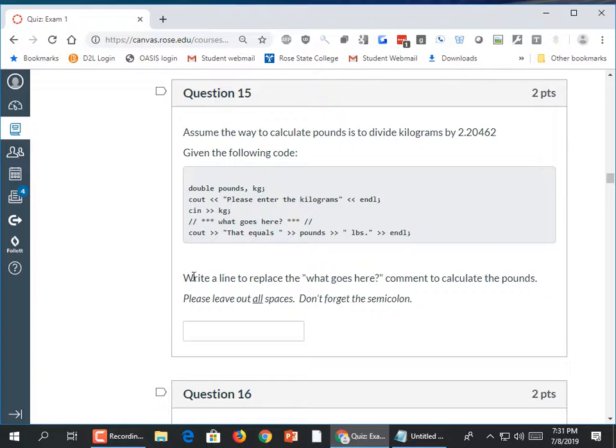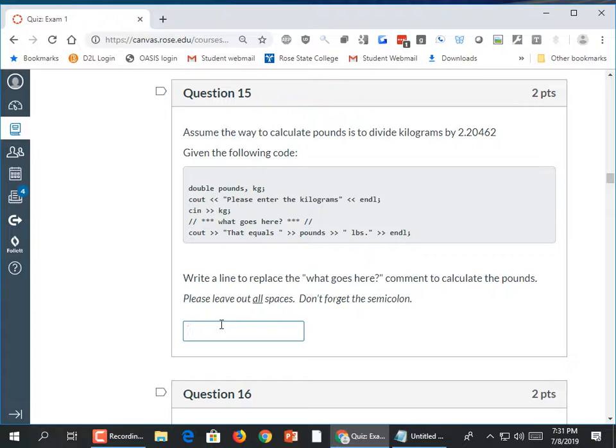Alrighty, given the following code, what goes here? Well, we need to calculate the pounds. And that's the wrong formula, by the way. Pounds is equal to kilograms times... Nobody pointed that out, I don't recall. But anyway, if we follow the formula that I gave, even though I think I flaked on my metric conversion several times this semester.